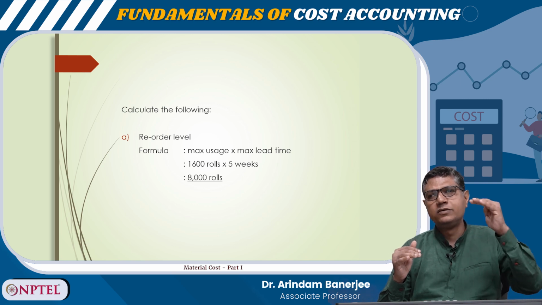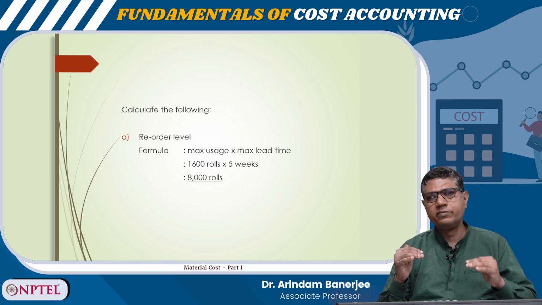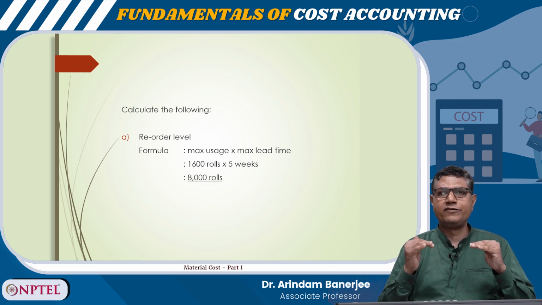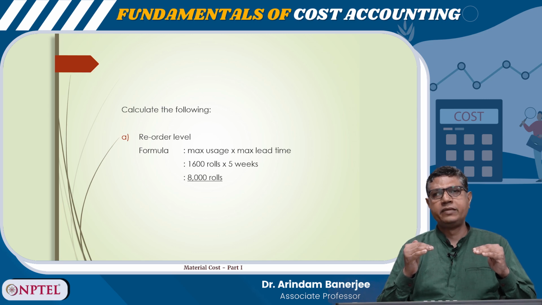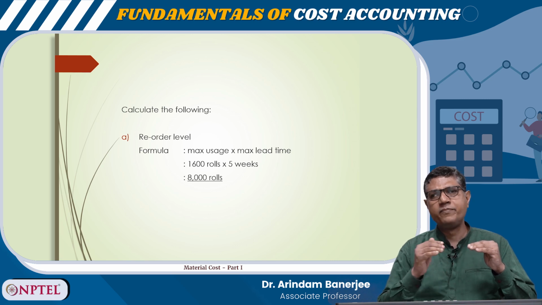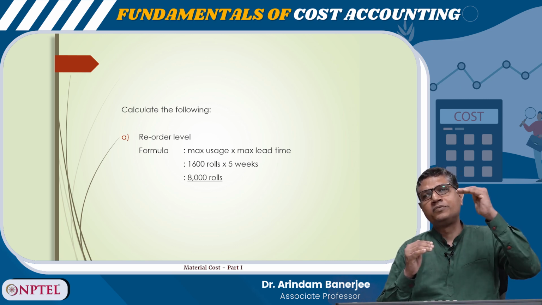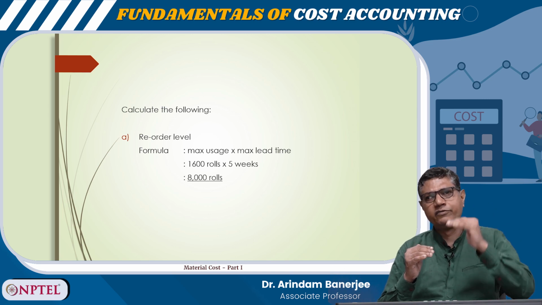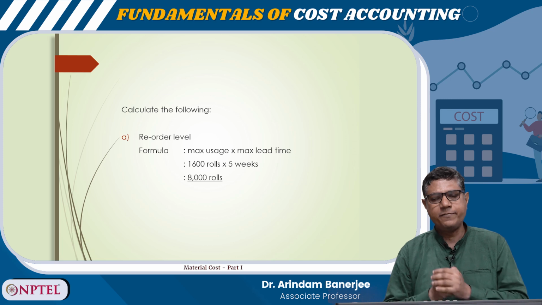So, the company needs to maintain a minimum level of stock at any point of time. It has to decide what minimum level of stock it should maintain, and from there it will place a reorder, a new order for raw material, and then again the stock level will go up, again issuance will happen, it will come down, so it will go like this.